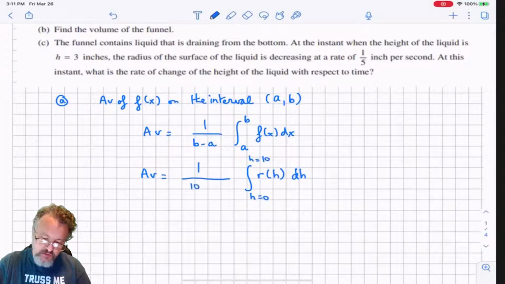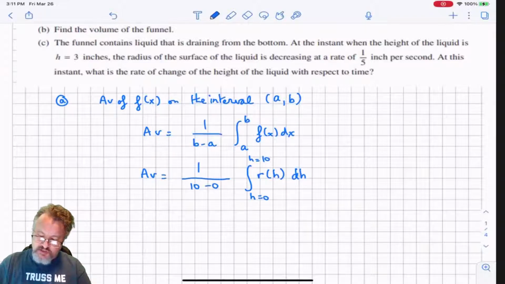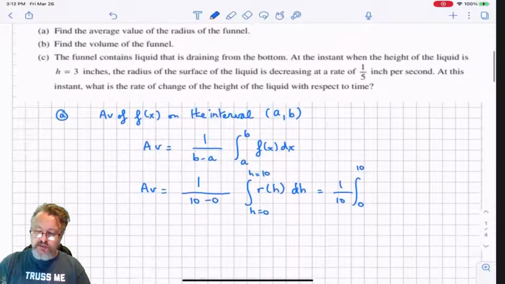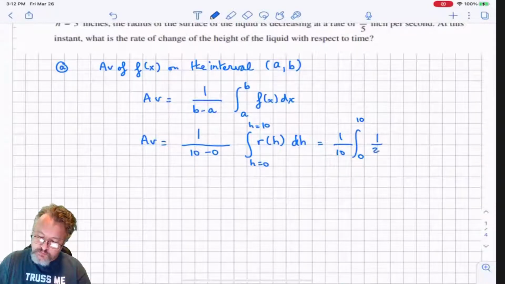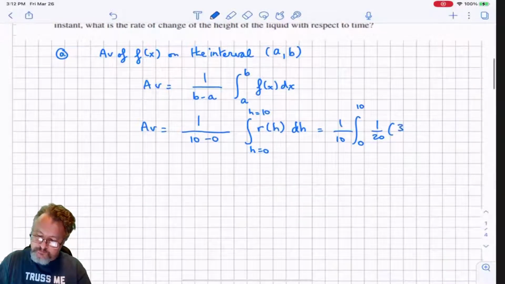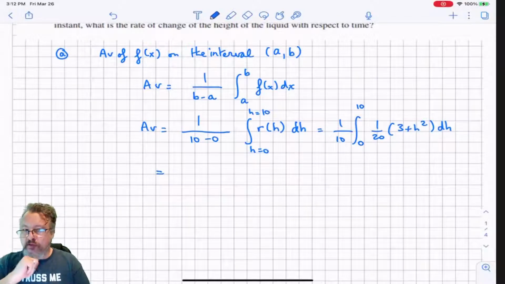So that means that here we're going to have 10 minus 0. Okay, and so that's what we need to calculate. So it's going to be 1 over 10 times the integral from 0 to 10, and r is equal to 1/20 times (3 plus h) squared dh, like that. Okay, so this was a non-calculator problem, by the way, so I'm going to take my time to do all of this.